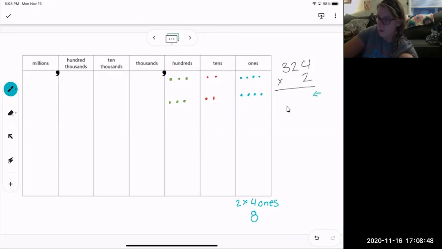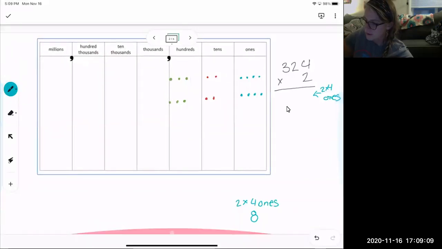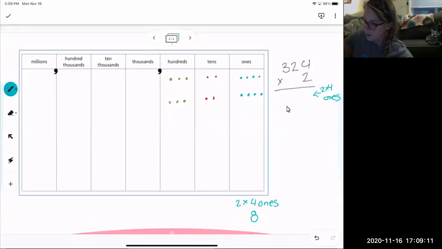So in our partial products, we're going to show 2 times 4 ones. I don't have much space over here. Oh, okay.